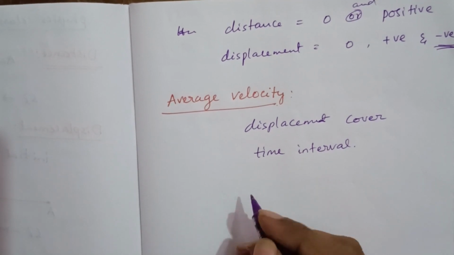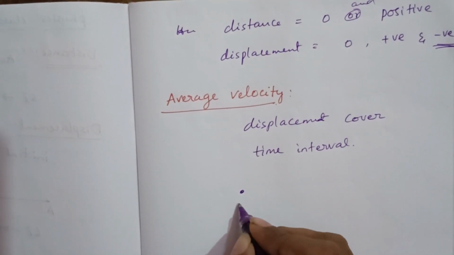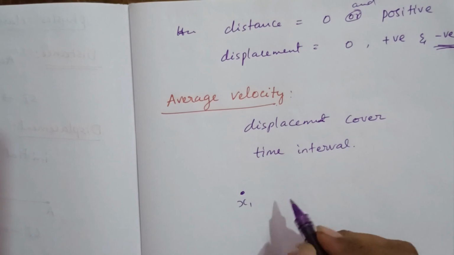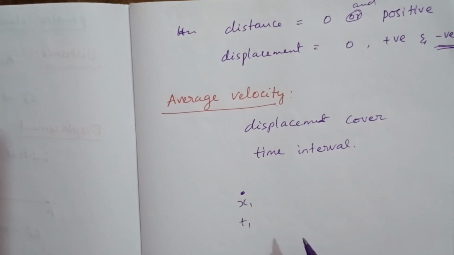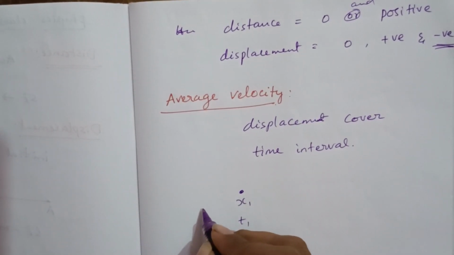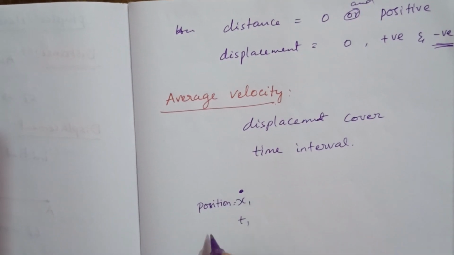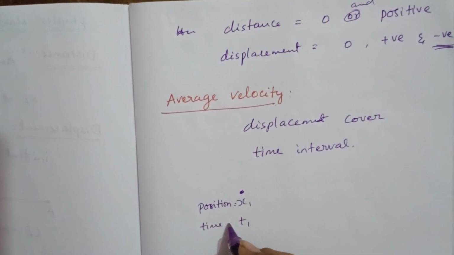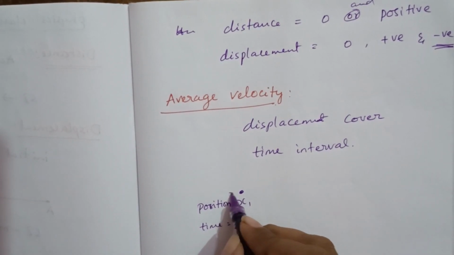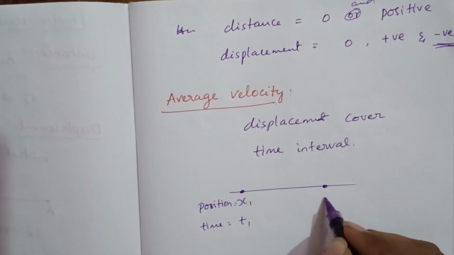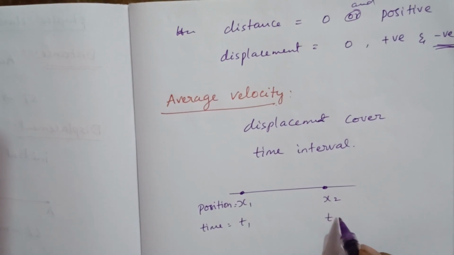Now we'll take an object that started from position x1 at time t1. It traveled up to x2 at time t2.